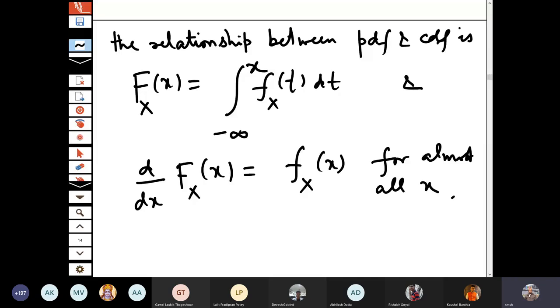So in both cases, whether discrete or continuous, there is a nice relationship between the functions here. Now let me go to some practical examples so that it becomes very clear.